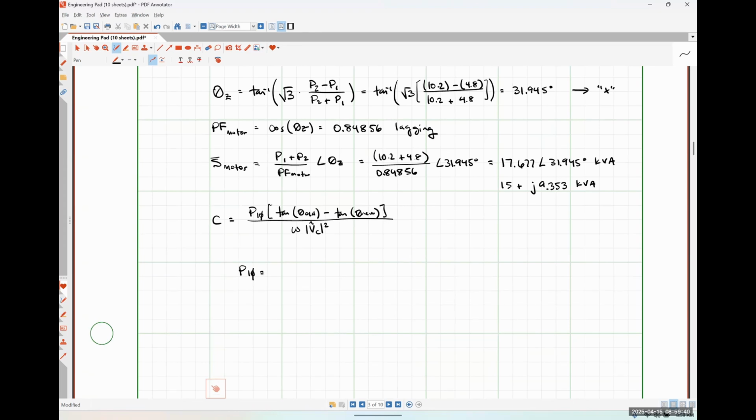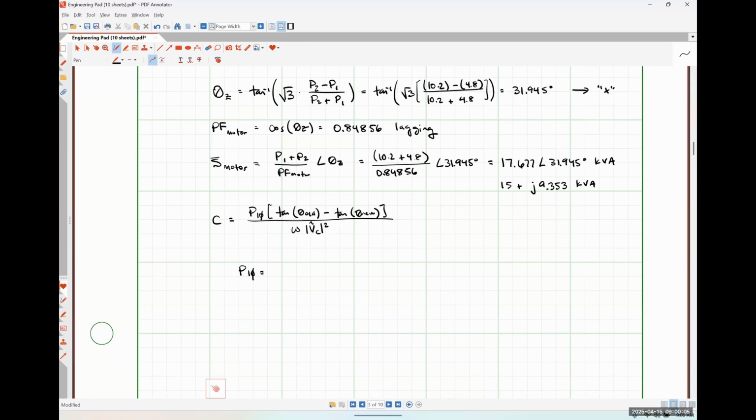So what's our single phase power? 15 divided by what? 3. Yeah, exactly right. So it's just the real part of the complex power over 3.